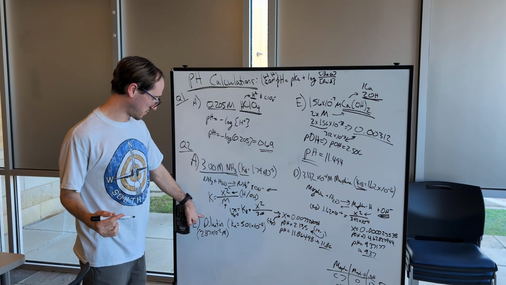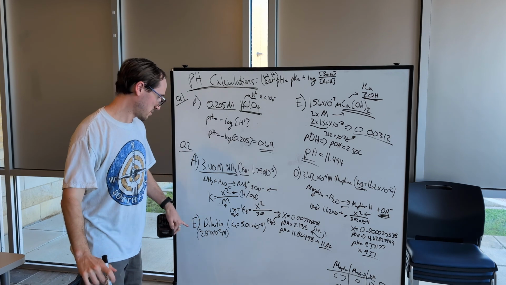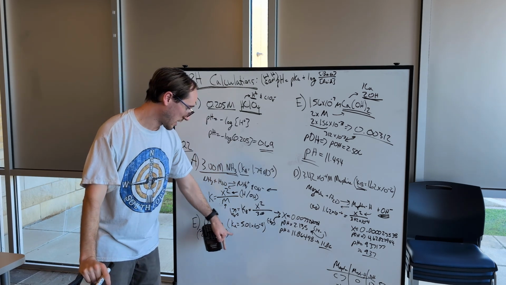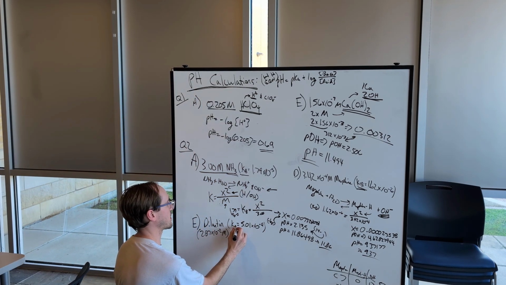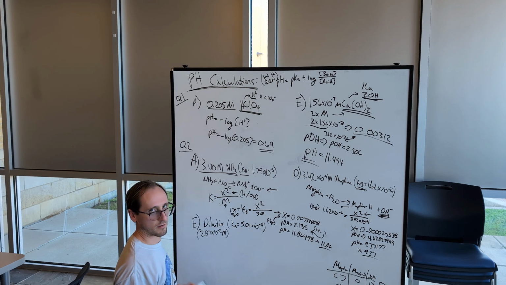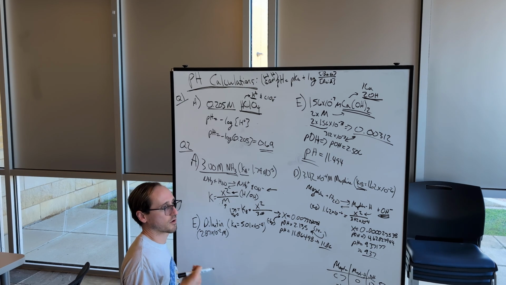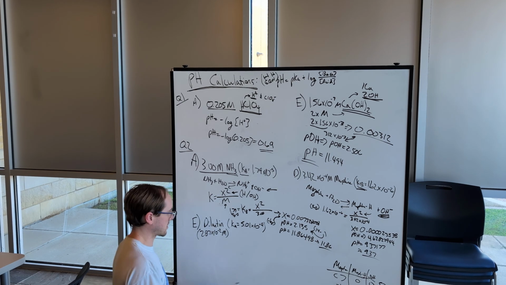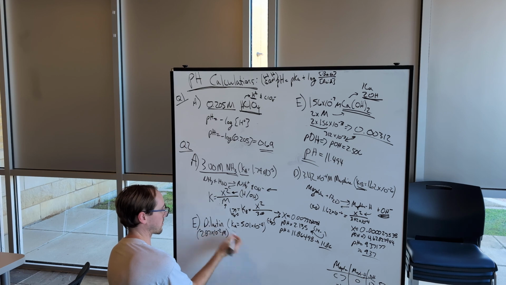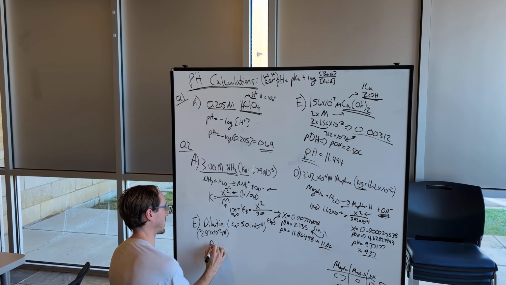In terms of the Dilantin one, he gives us a Ka, but he doesn't specifically say that we're removing hydrogen off of Dilantin. But if you see a Ka and a drug, you should just assume that that drug is going to be acidic unless he tells you otherwise, with the idea that Dilantin is therefore an acid, so it's actually going to be losing hydrogen.